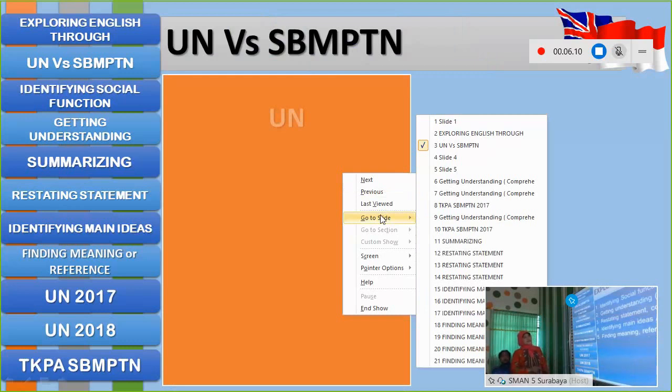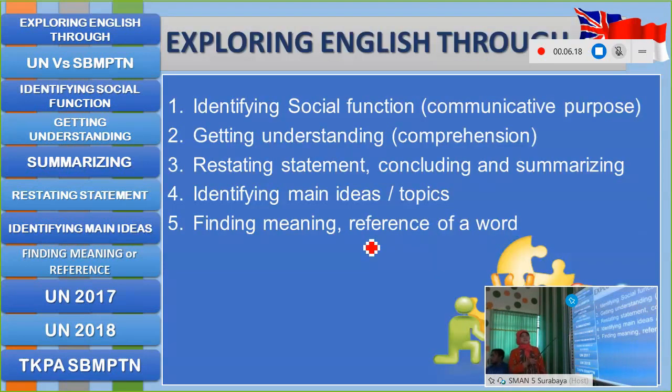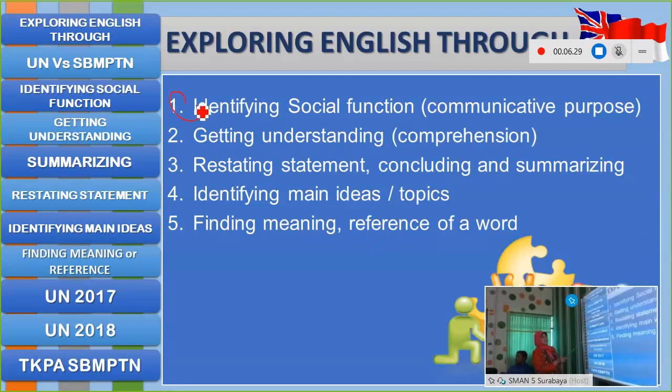Number one is identifying social functions, or sometimes we call it the purpose of the text. The second is getting understanding. It means it is asking your comprehension of the problem.